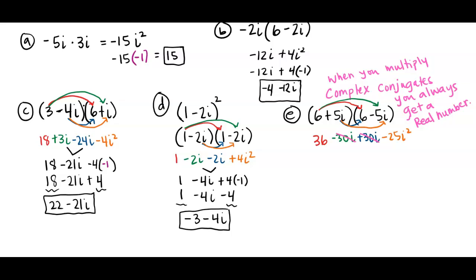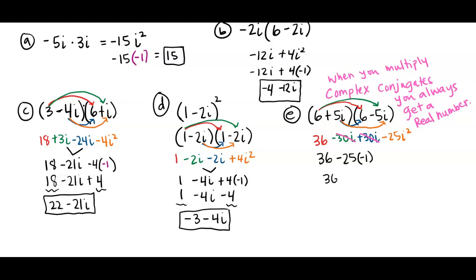They go to 0. And then I'm just left with that first and last term, but that last term has an i squared in it, so I need to change that to be a negative 1. So I have 36 minus 25 times negative 1, changing that i squared to a negative 1.